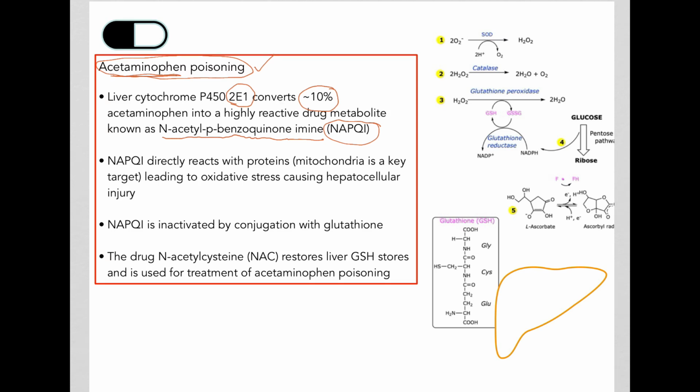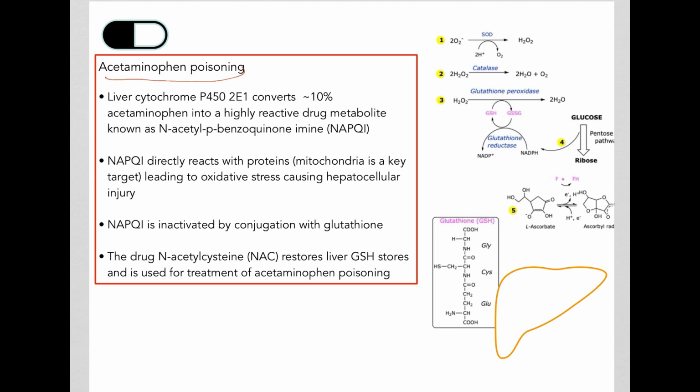Now, NAPQI is very reactive. It will attack all kinds of proteins, and especially if the mitochondrial proteins are attacked, that is going to lead to oxidative stress. And then that oxidative stress is going to cause injury to the liver cells. Now, this NAPQI is inactivated into a safe compound by conjugation with glutathione.